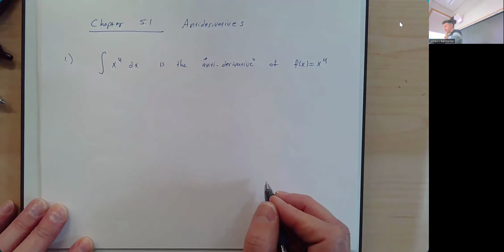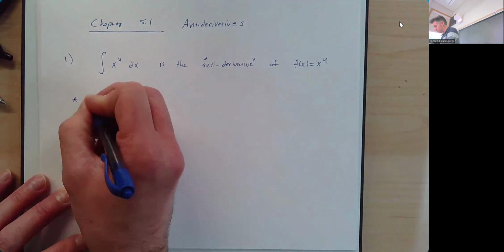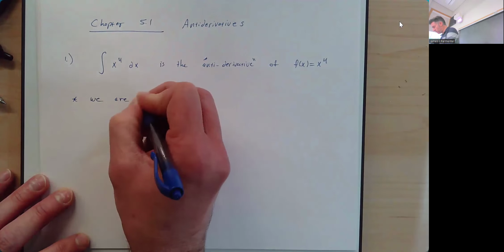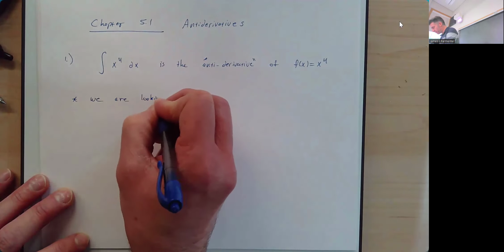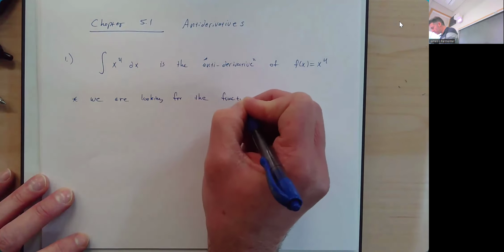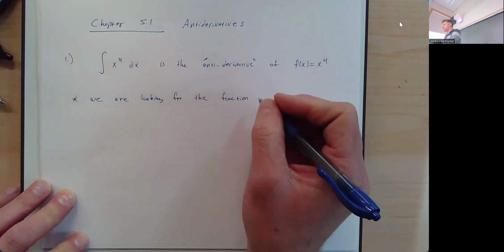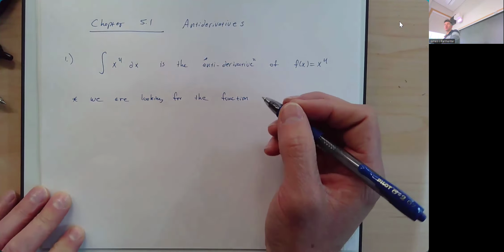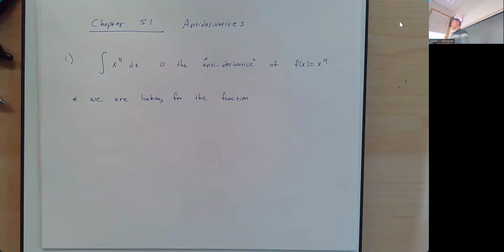Or in other words, we are looking for the function, and just to introduce a little bit more notation, typically if we call the original function little f of x, we often denote its antiderivative as capital F of x.